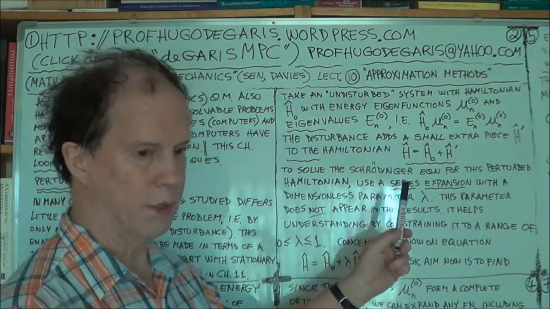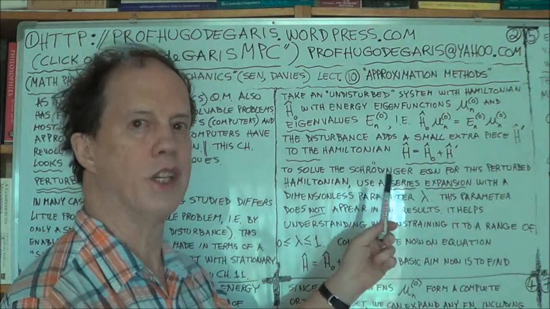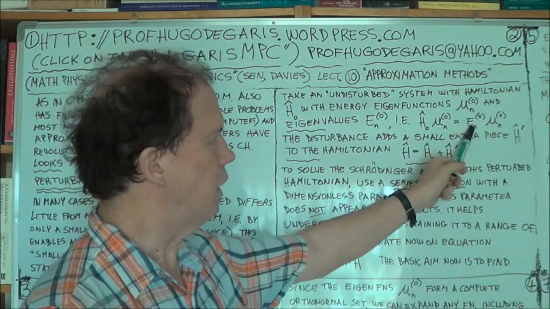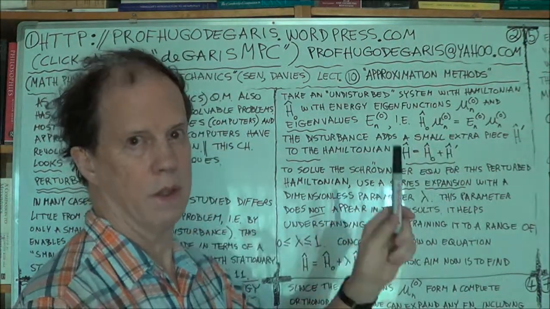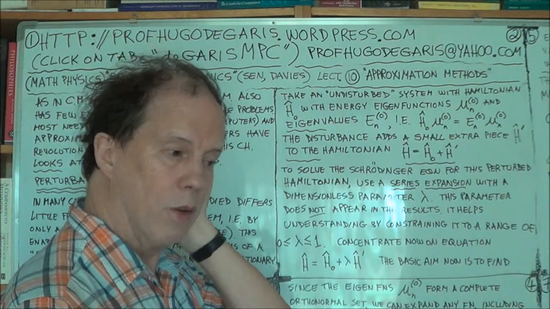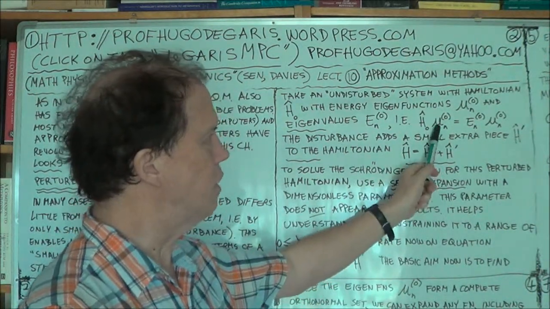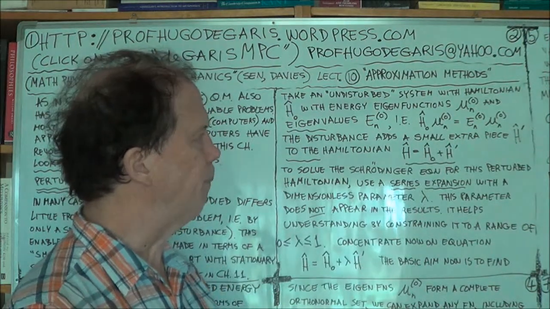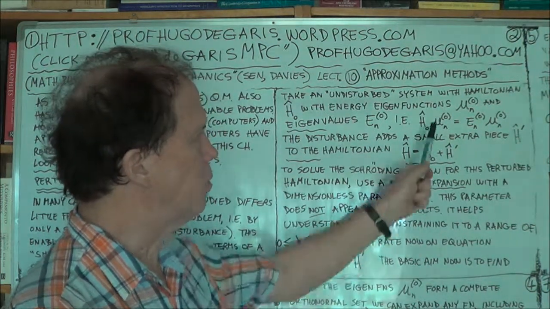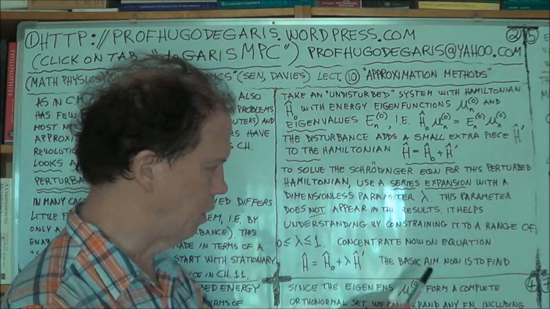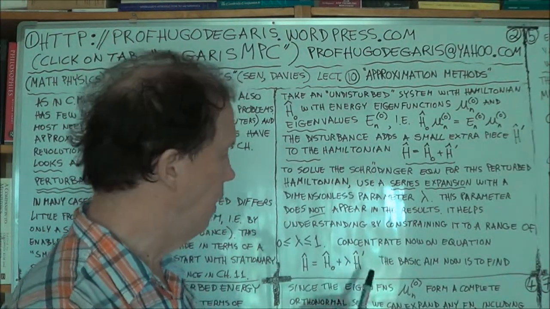Now the actual formulas that we'll derive, the correction terms, like for example, what's the change in the eigenenergies, the delta E, and what will the change in the eigenfunctions be? You can express them in terms of a power series of lambda. I'll show you how to do that next session.